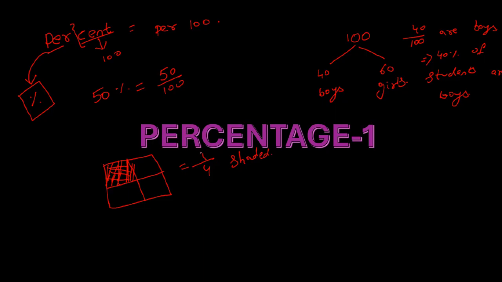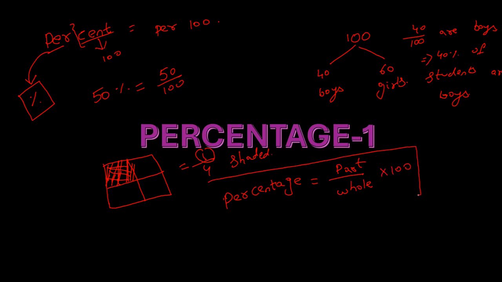So here 1 is the part of the square and 4 is the total number of parts. So percentage is nothing but part upon whole into 100. This is the basic formula of percentage, and this is the foundation of the percentage chapter.